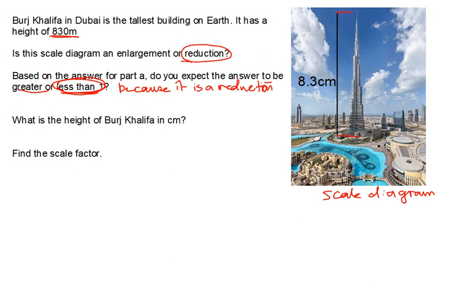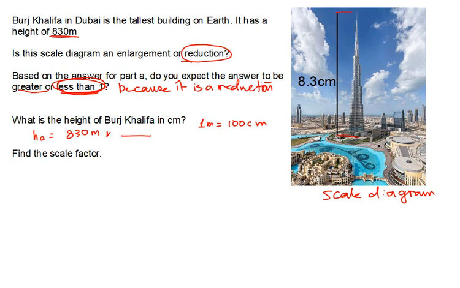So we know 1 meter equals 100 centimeters. We have to go from 830 meters. Let's call H_A, for actual, 830 meters, and then you can multiply by the fraction.